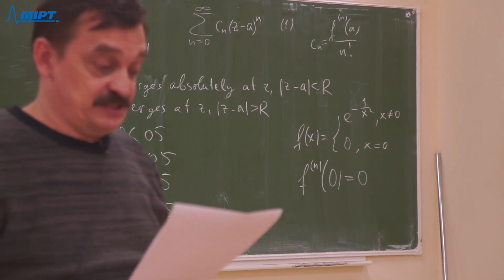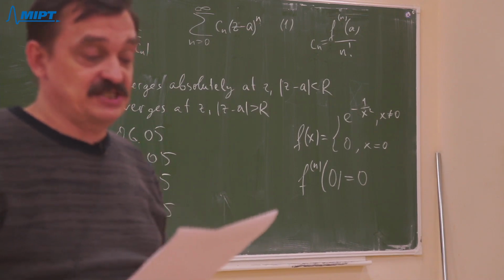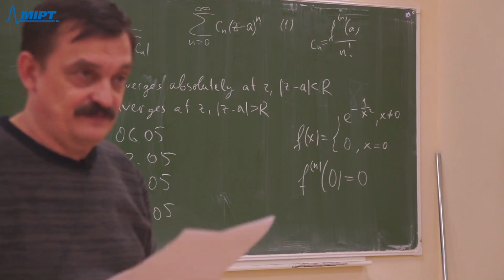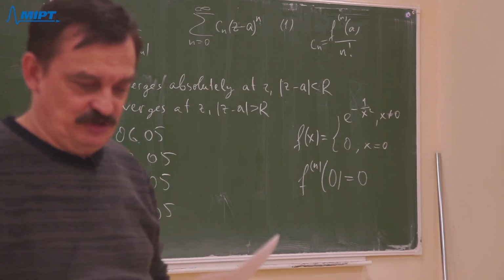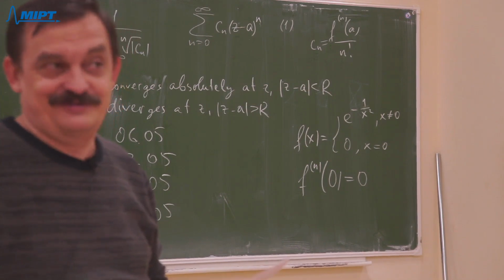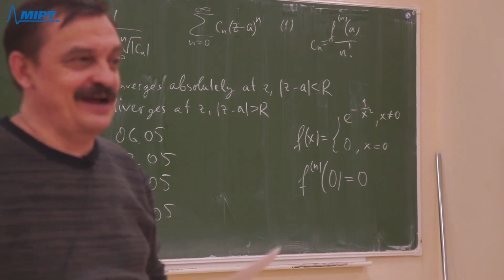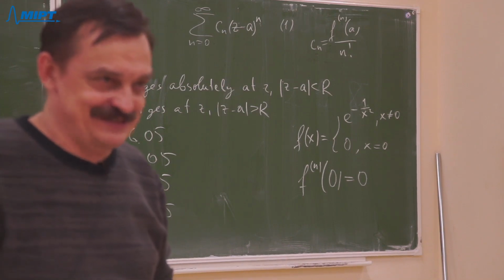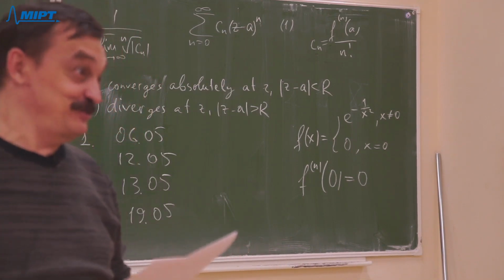Okay, fifth question. Representations of elementary functions by Taylor series. That is an extremely huge question. If you try to consider everything I gave you about binomial expansion, then of course it's absolutely impossible.